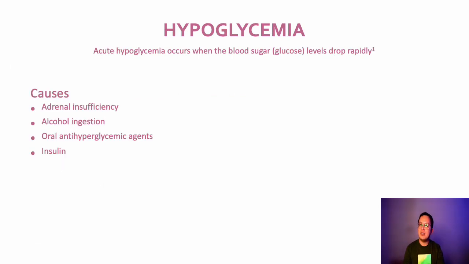Now we'll talk about hypoglycemia. So acute hypoglycemia occurs when the blood sugar or glucose levels drop rapidly. So without enough glucose, brain cells cannot use adenosine triphosphate, your ATP, for energy, which causes cerebral dysfunction. So the brain doesn't work properly, no?